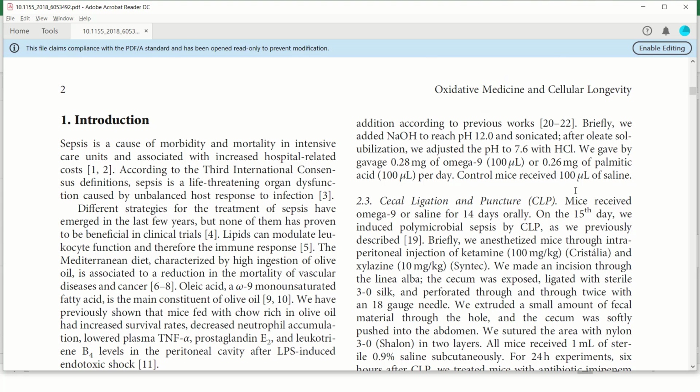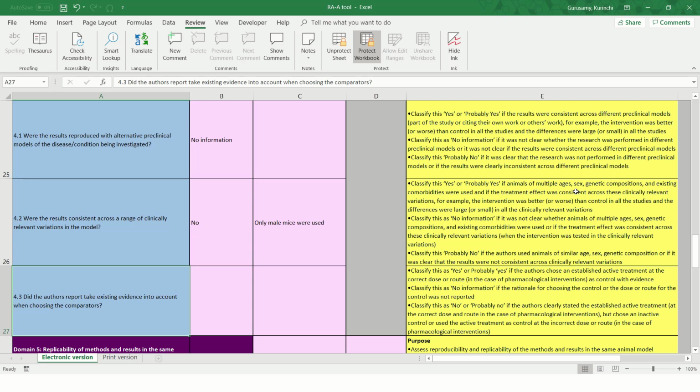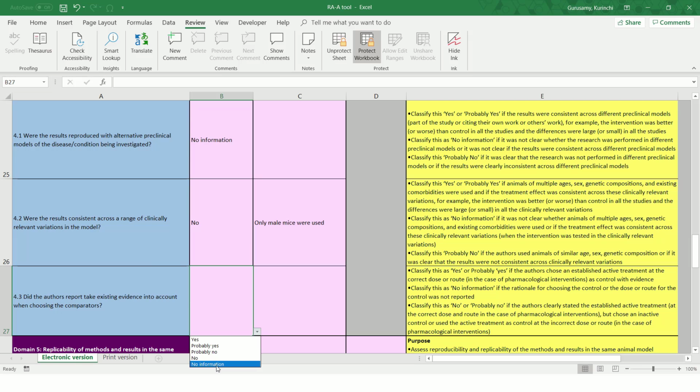Here we are talking about prevention of death if people were taking omega 9 for a long time. So people might be taking other things. So we don't know. Classify this as no information if the rationale for choosing the control or dose or route of control was not reported.